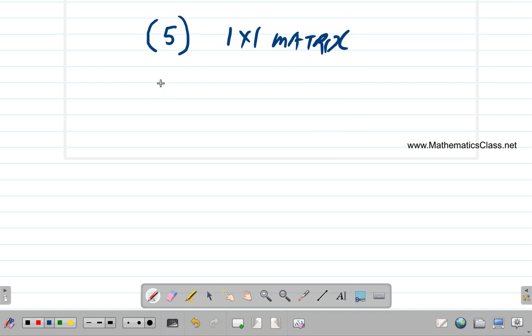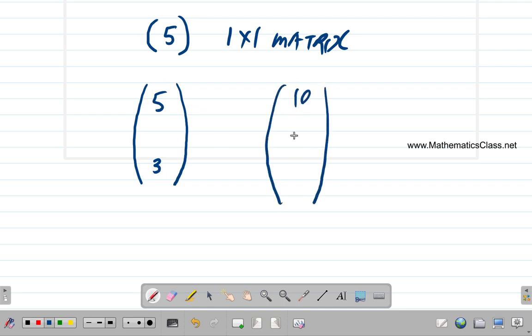Now, you have different types of matrices. If you have a matrix looking like this, and it says 5, 3, or it may look like this, 10, 7, 8. These two matrices are called column matrices. This is a column matrix. This is a column matrix.